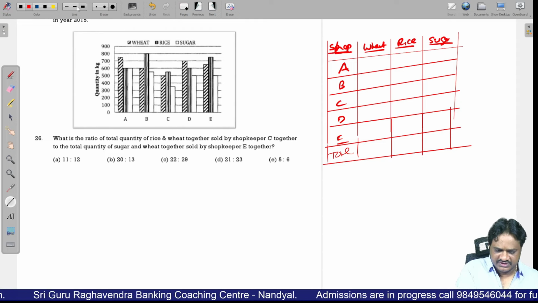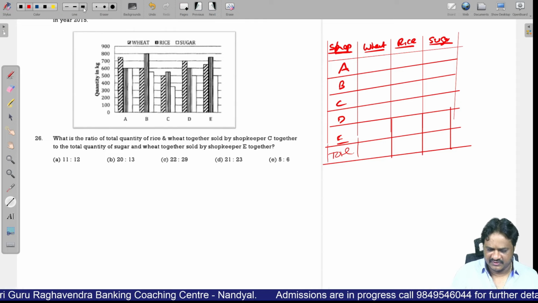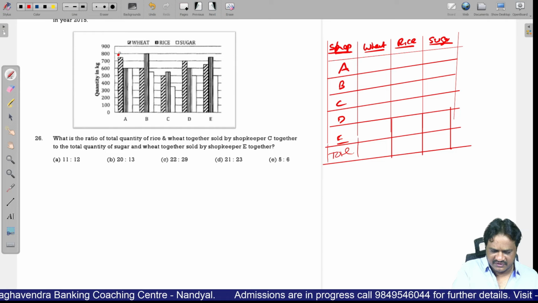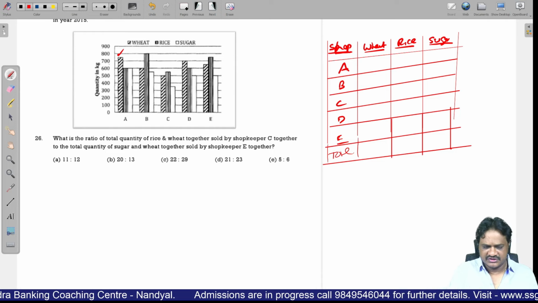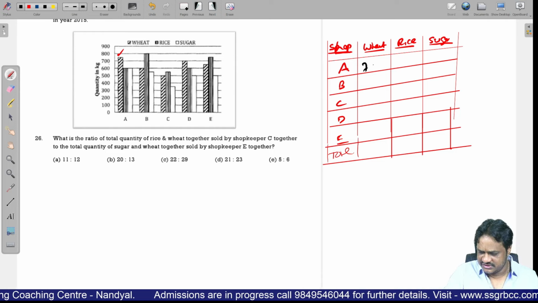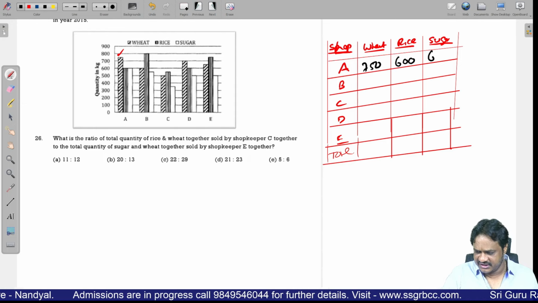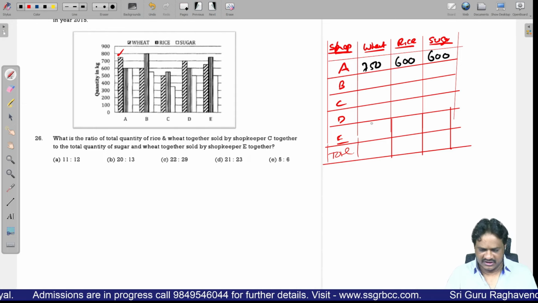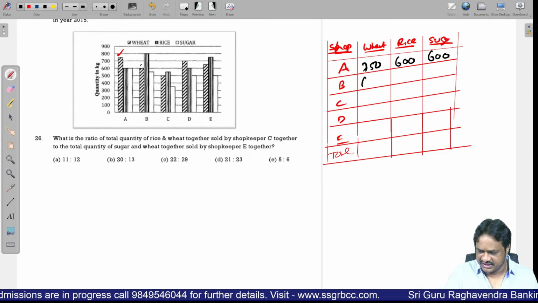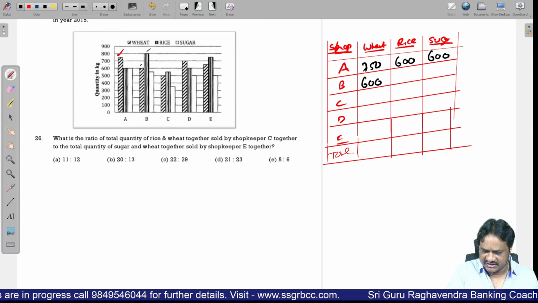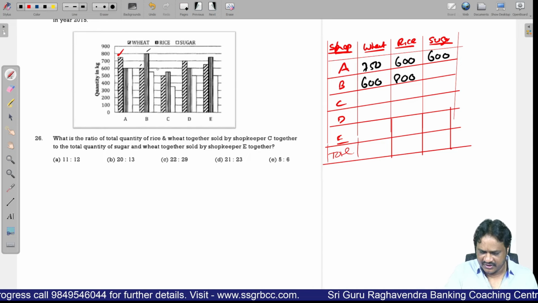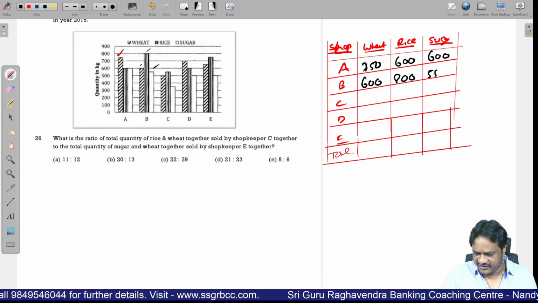First of all, A. This value is 750. Rice is 600. Come to B. The first one is 600, this is 800, and this one is 550.